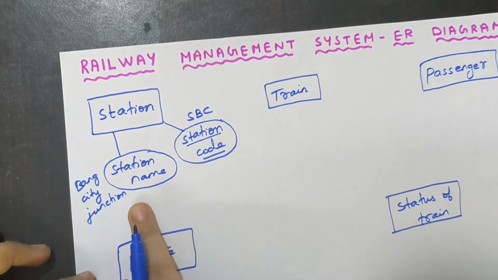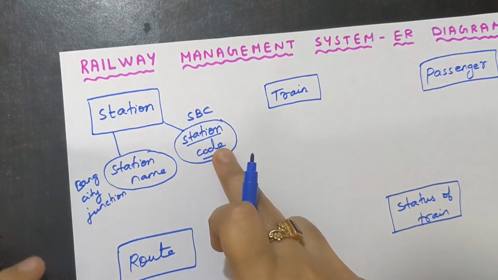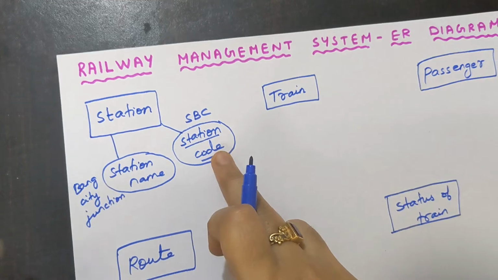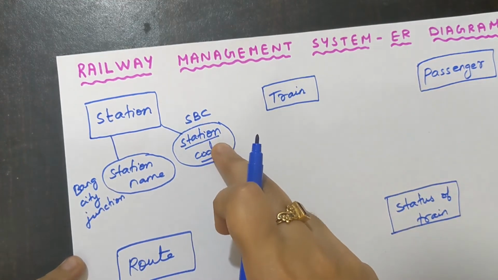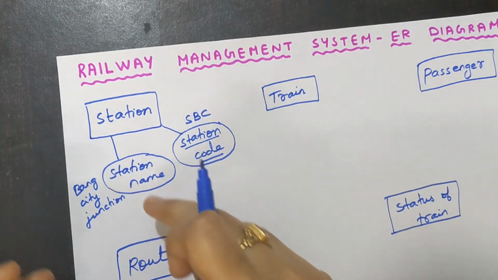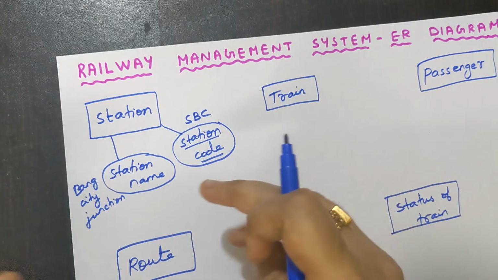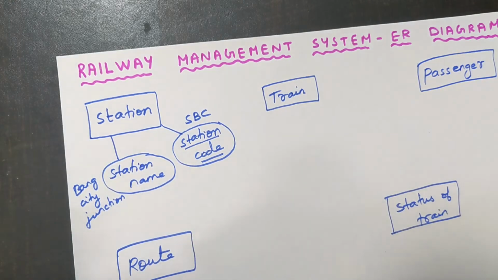For some other station, some other code will be there. So for no two stations will the code be the same. You can't say that two station names will have the same code. For every single station name, the codes are going to be different.